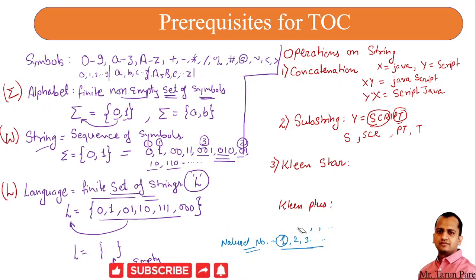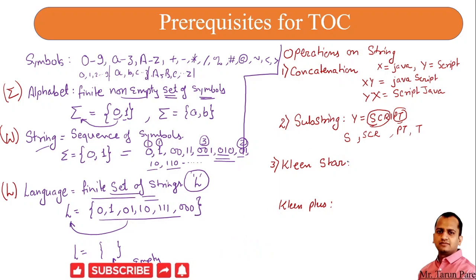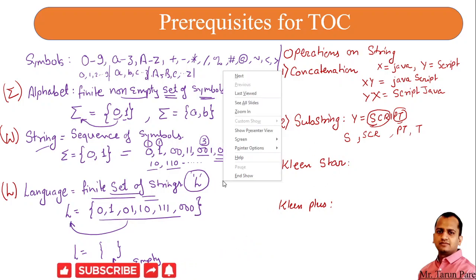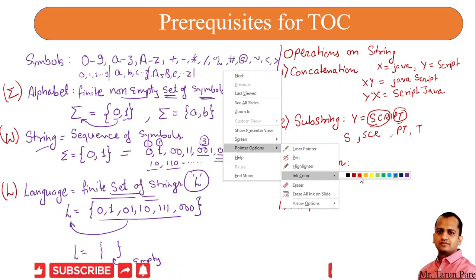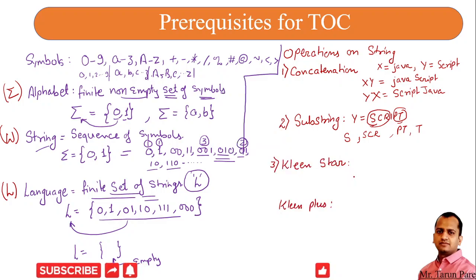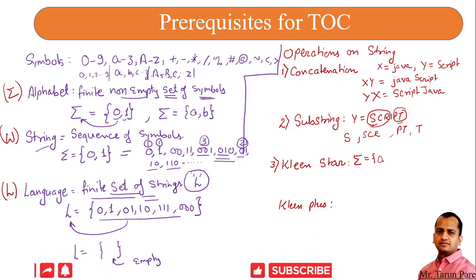Suppose I'm talking about the Kleene star first and then Kleene plus. Suppose there is an alphabet sigma containing the symbols a and b. These are the symbols available in sigma.